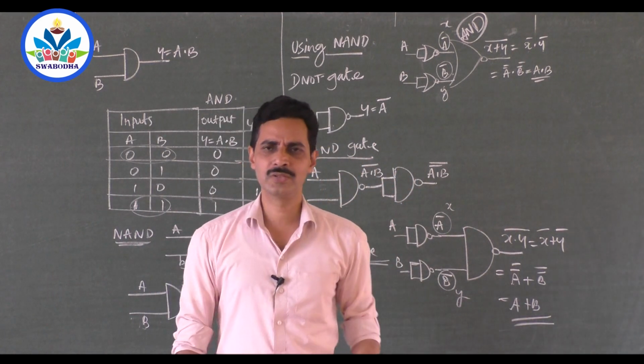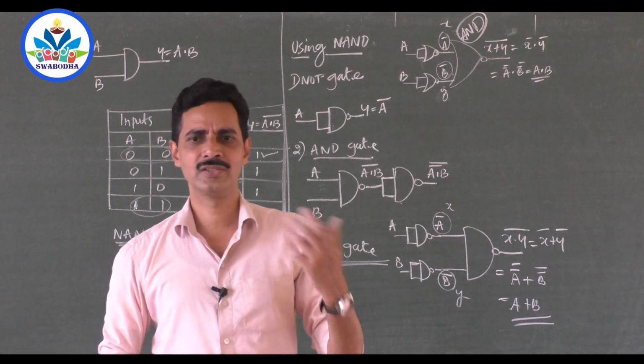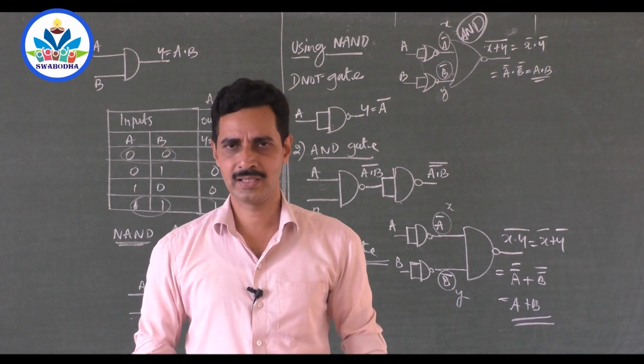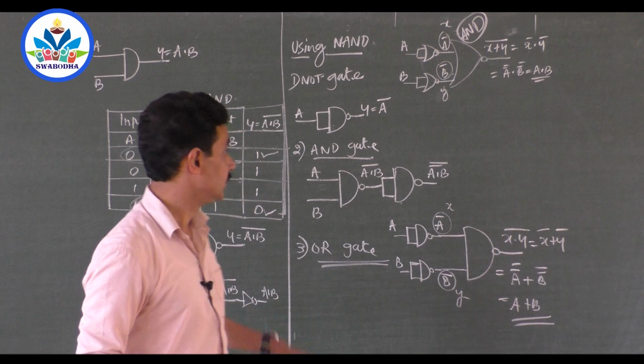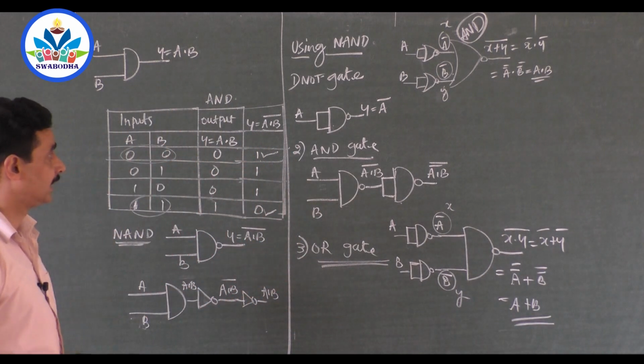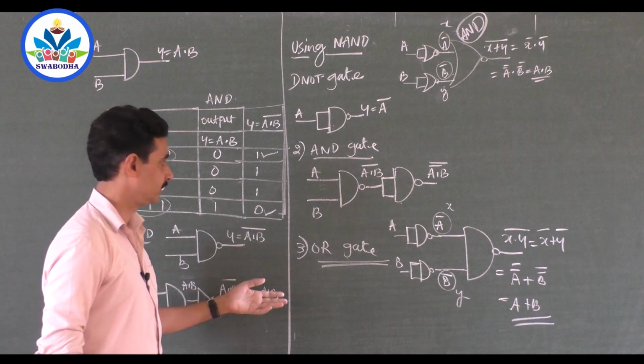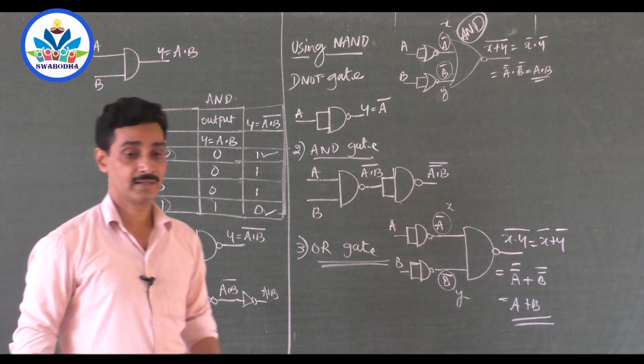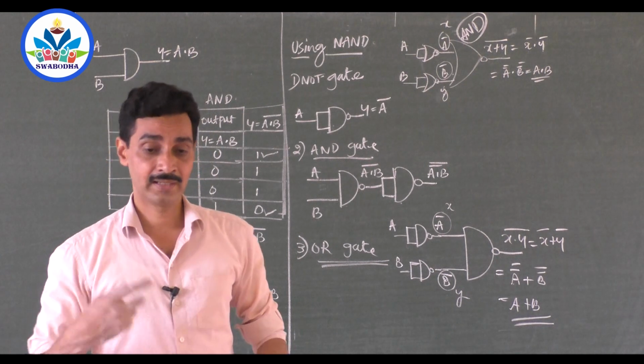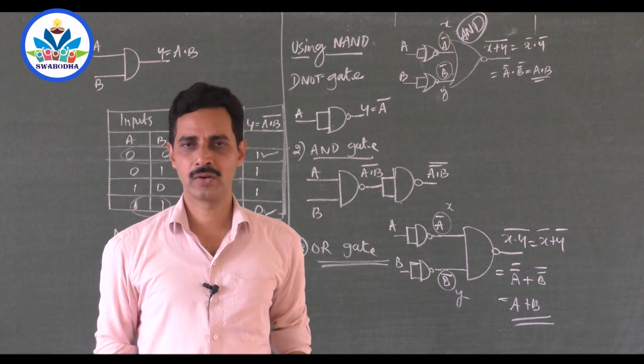In the beginning it looks very complicated, but as you study all the logic gates properly, you will get the answer, right? So using NAND gate, you can construct NOT gate, AND gate, OR gate. Using NOR gate, you can construct NOT gate, OR gate, AND gate, everything. So that's why they are called universal gates.